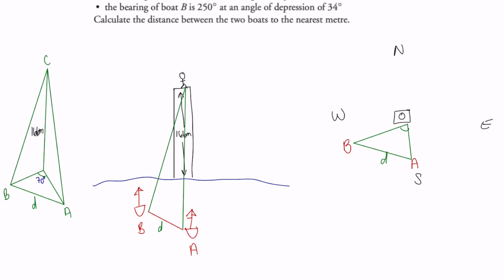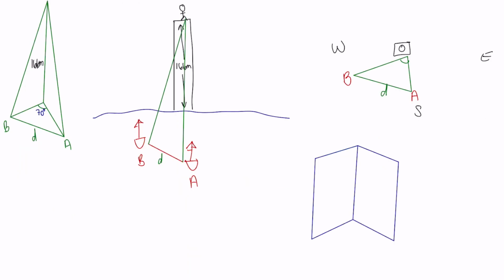So the angle of depression for boat A is 40 degrees from the horizontal at the top of the Skylon Tower to boat A. The angle of depression for boat B is 34 degrees from the horizontal at the top of the Skylon tower to boat B. So you can kind of imagine this like an open book. If you have an open book, it looks somewhat like this.